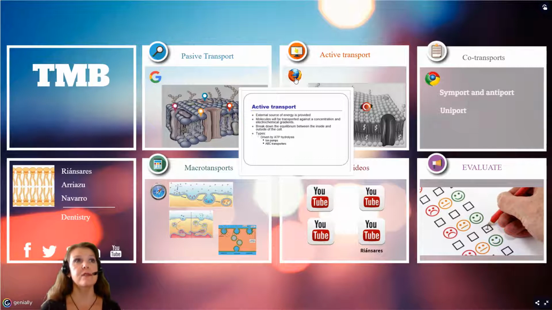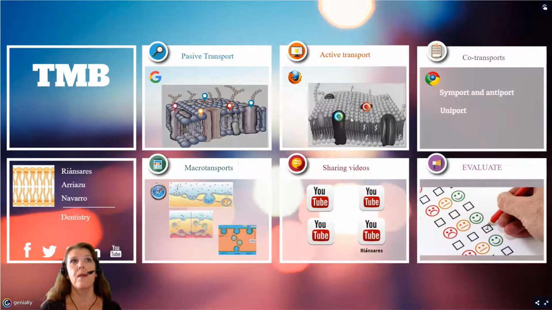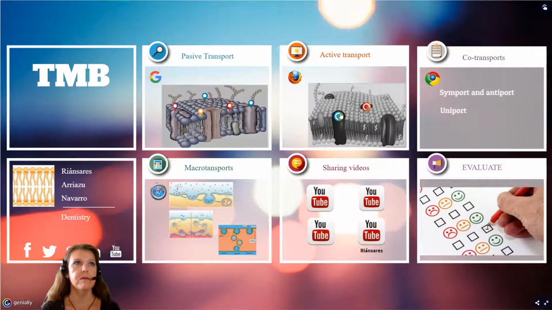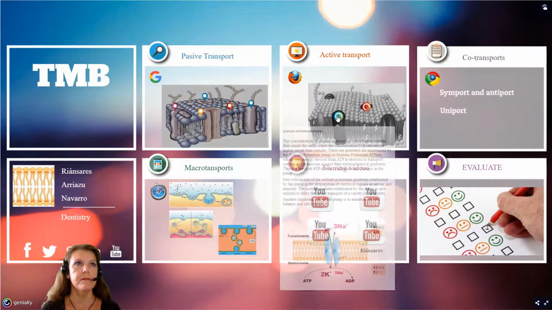Driven by ATP hydrolysis, here there are the ion pumps and ABC transporters. Ion pumps, the most famous ion pump is the sodium-potassium pump, in which each ATP molecule moves 3 molecules of sodium outside of the cell and permits the movement of 2 potassium inside, as you can see here in this picture.